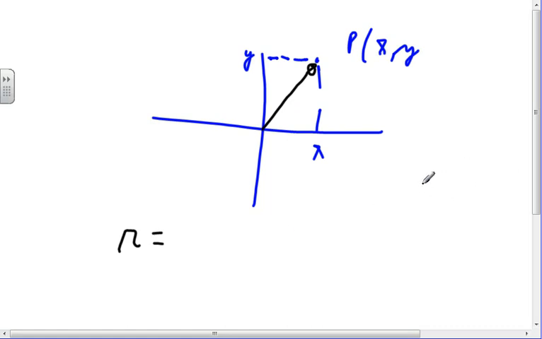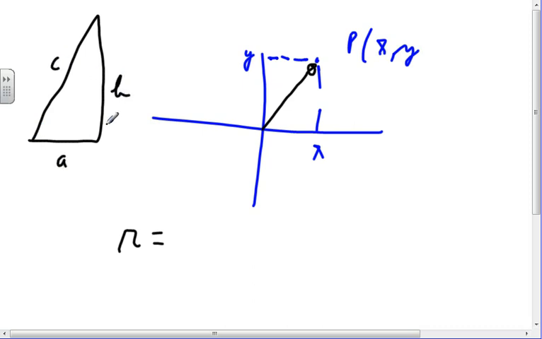okay, we'll do it a different way. I have this right triangle, with sides A, B, and C. What can you tell me about that right triangle? You can tell me that C squared is equal to A squared plus B squared, right?